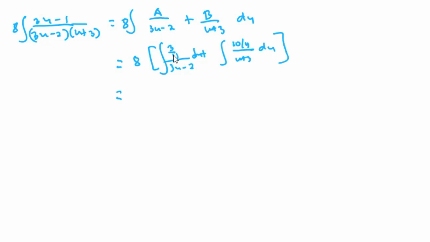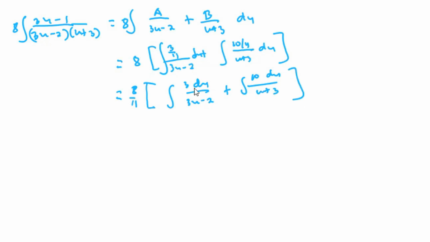Since the denominators of the values of a and b are common, I will factor out the common denominator of 11. So I can write 8 over 11 times the integral of 3 du over 3u minus 2 plus 10 du over u plus 3.